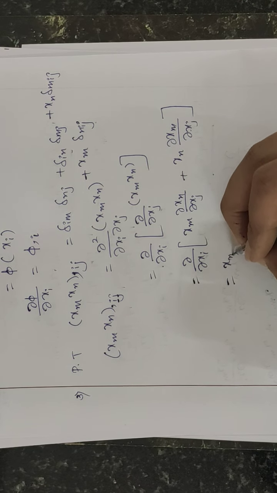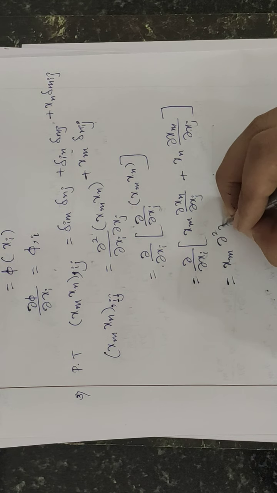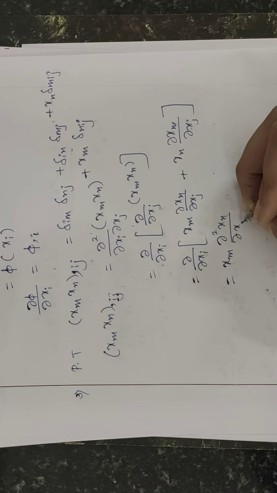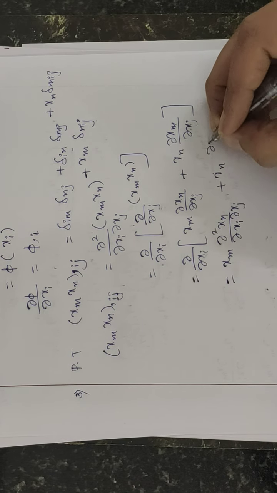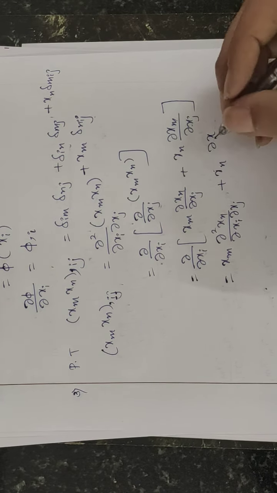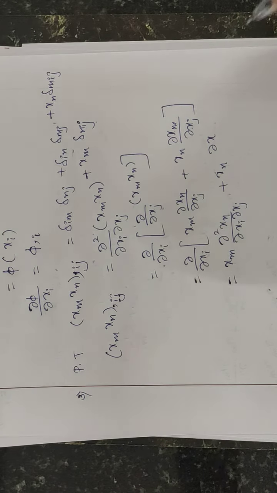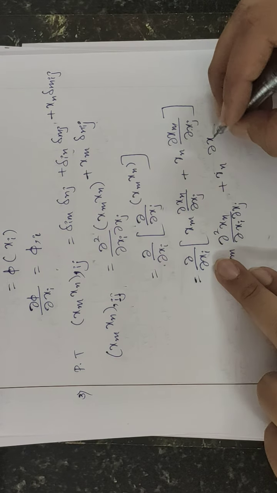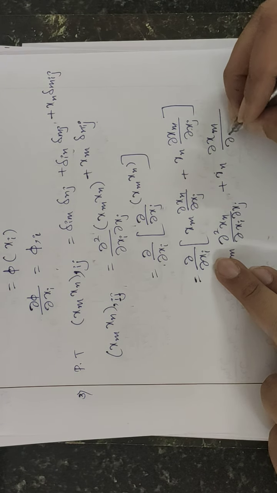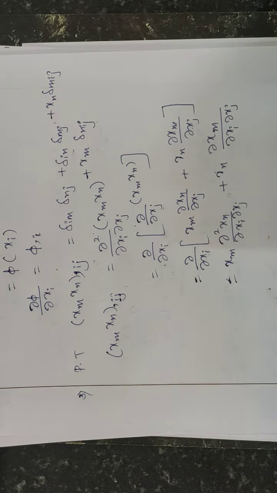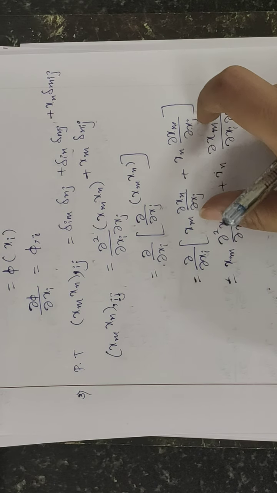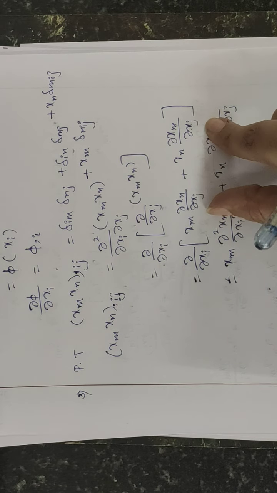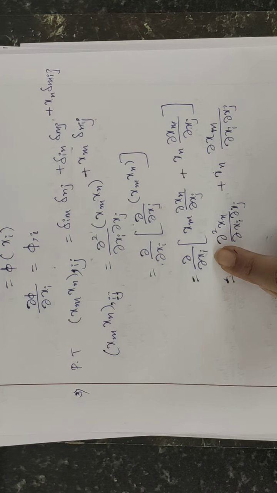So on multiplying, you will get xm into dou square xn by dou xi dou xj plus xn into dou xm by dou xi dou xj. I can write it in this way, or I can do one more thing, that is differentiating these two terms with respect to xi, right?